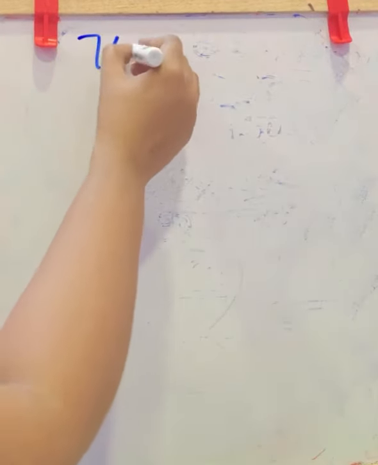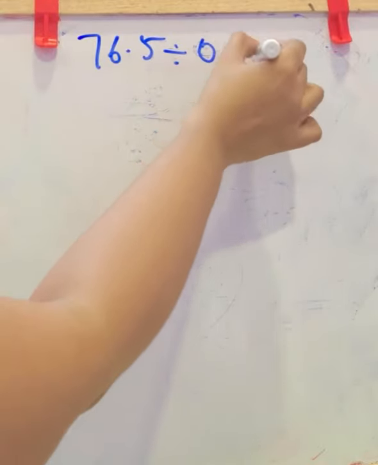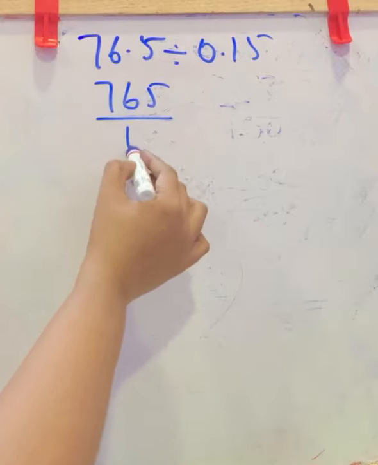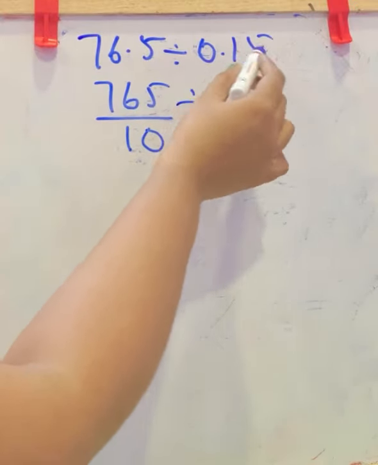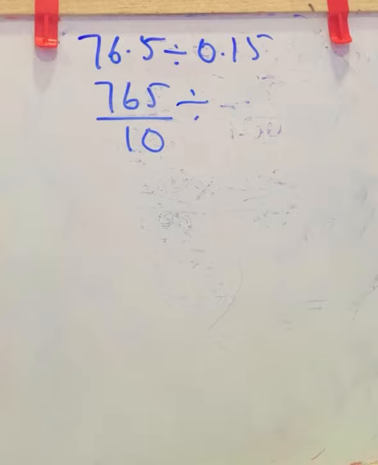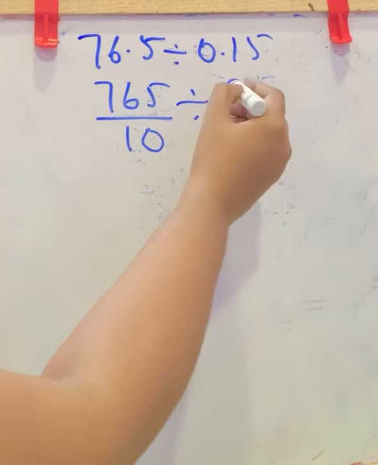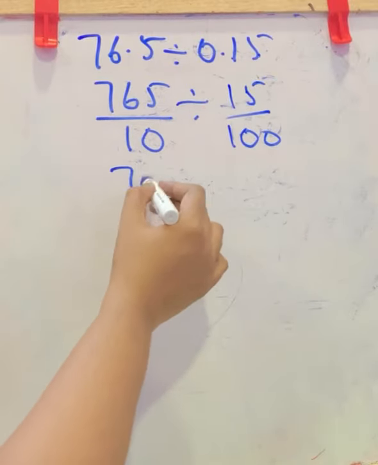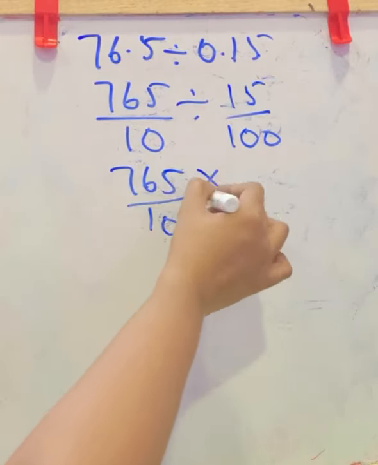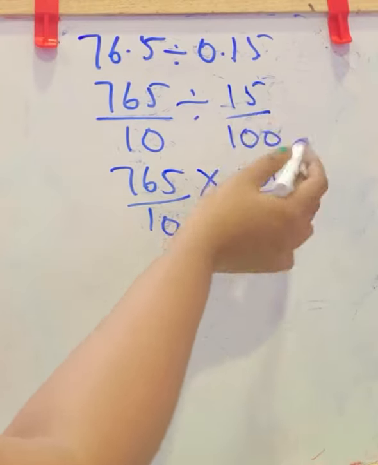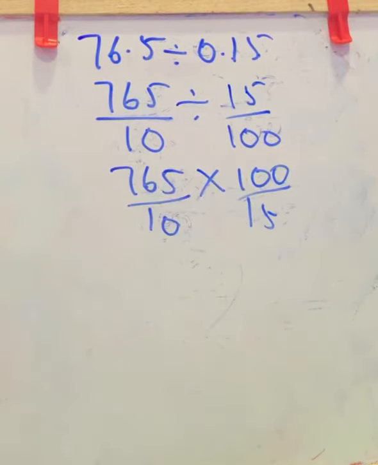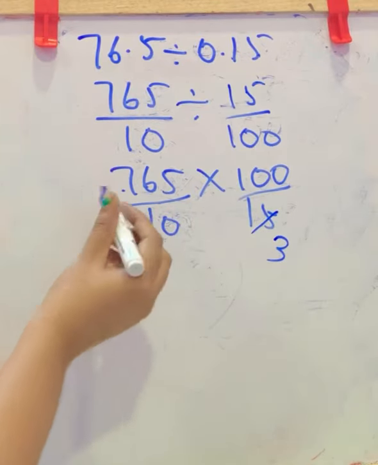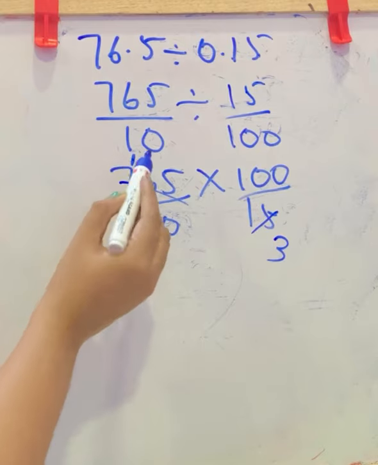Next, 76.5 division 0.15. This is 765 by, here 1 digit after decimal, so by 10. Division, this is 0.15 without decimal. You don't want to say 0.15, simply say 15 by, here 2 digits after decimal, so by 100. So this is 765 by 10 into 100 by 15. It's reciprocal. Now here in 15, 5 is a factor. 5 3s are 15. In 765 also 5 is a factor. In 7, 1 5s are 5.